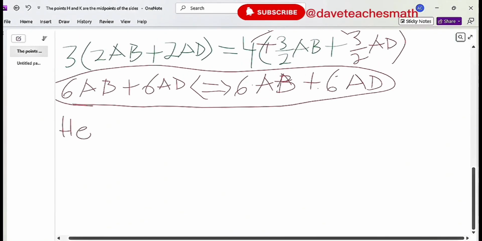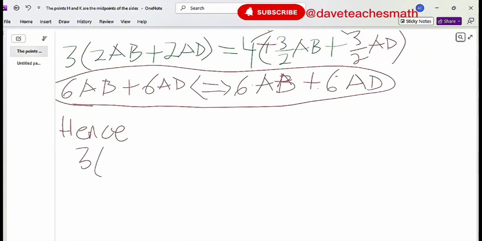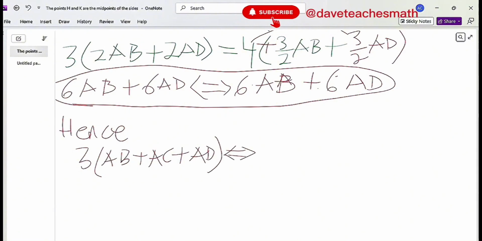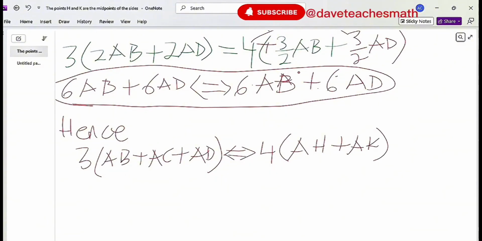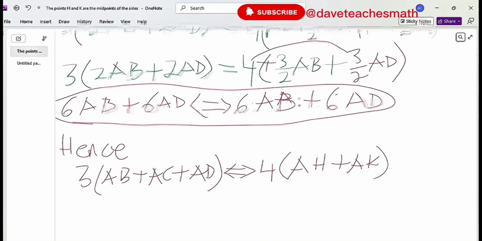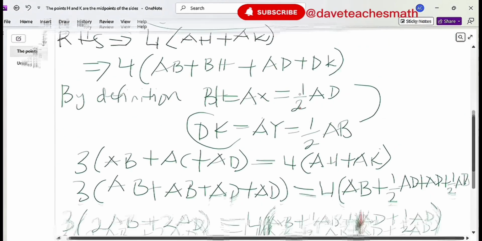Hence 3 into brackets AB plus AC plus AD is equivalent to 4 into brackets AH plus AK.